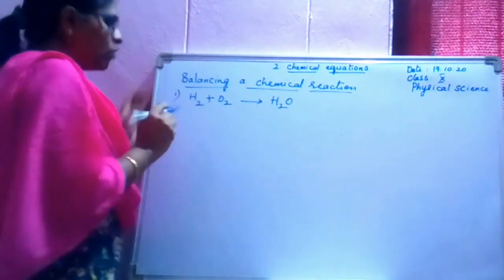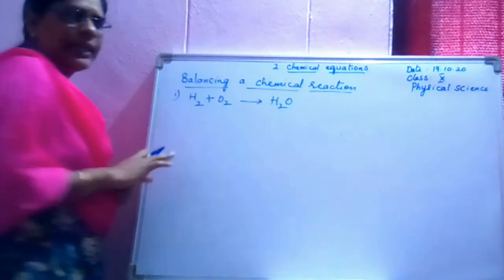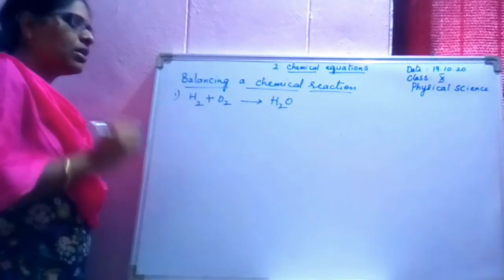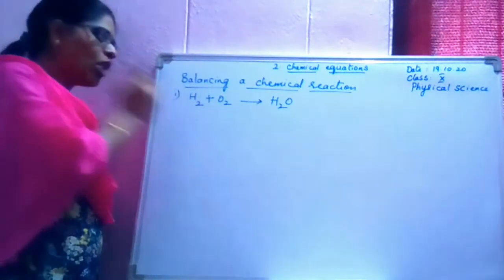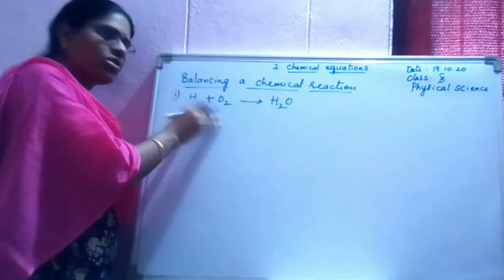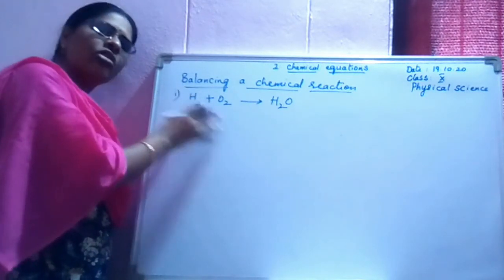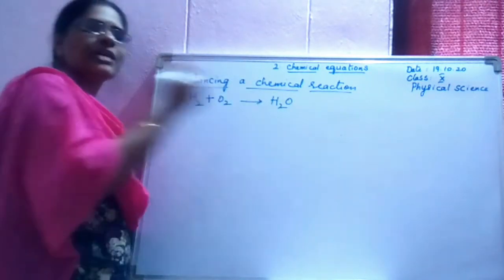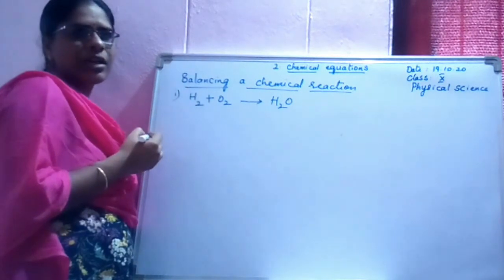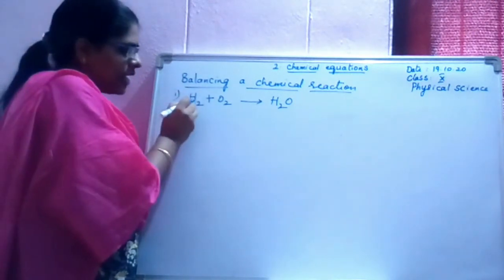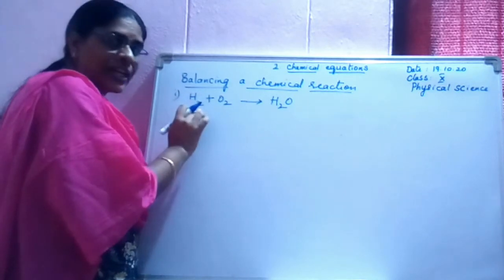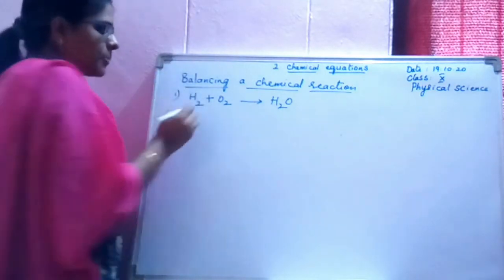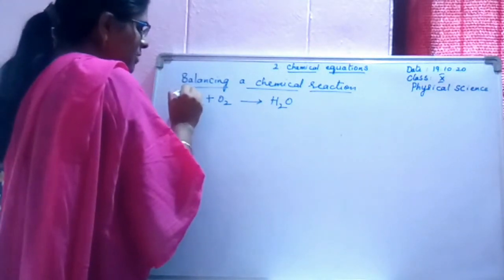Okay? Now listen carefully. Here, in order to balance the chemical reaction, the number of atoms of each element on the left side must be balanced with the number of atoms on the right side. Okay? This H2, you are not supposed to change the number which they have given. For this purpose, let us take a simple thing.